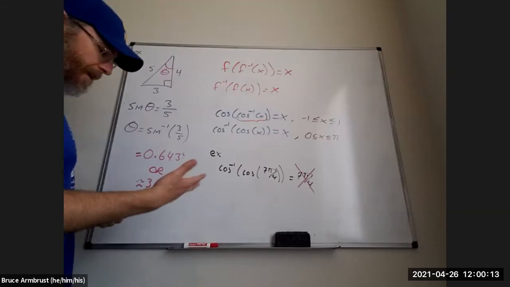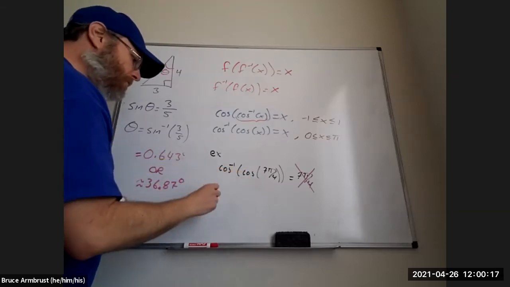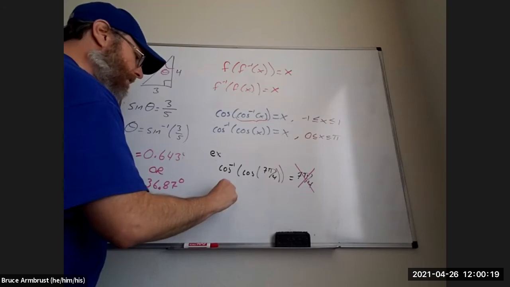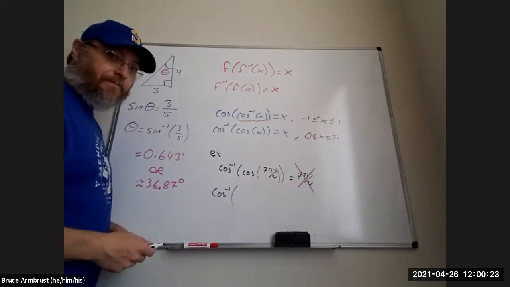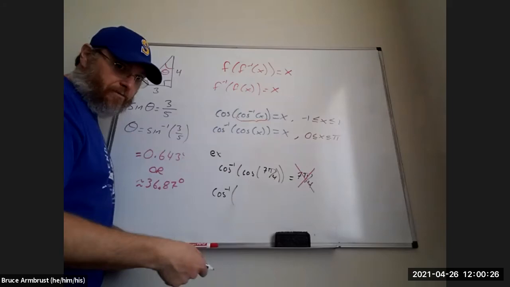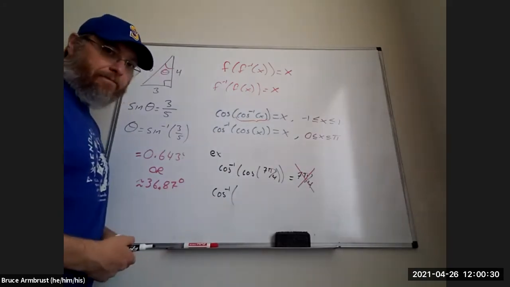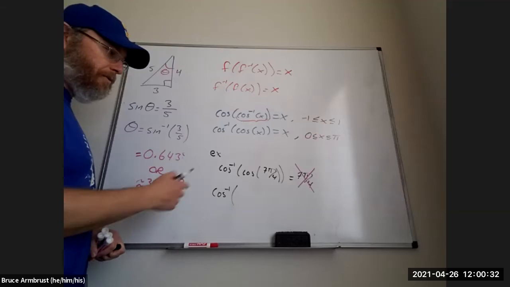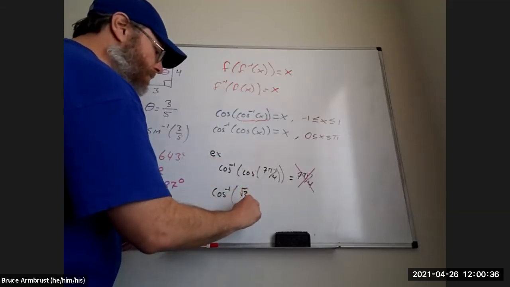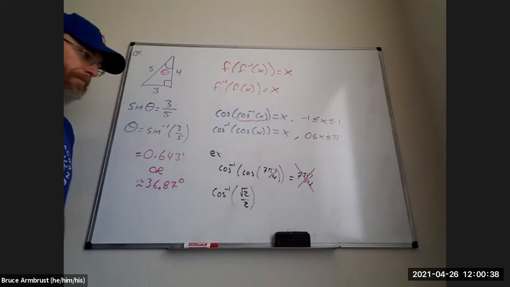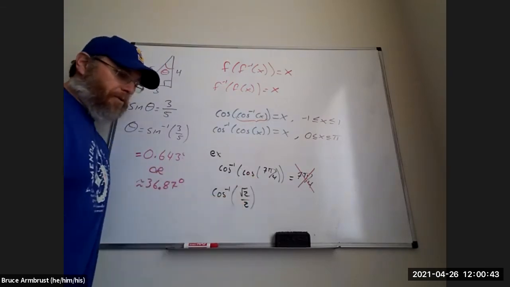So let's just follow this and see what happens. Cosine of 7 pi over 4, we can calculate. It's on your chart, right? If you go down your chart quite a ways, 7 pi over 4 is like the third line from the bottom. And you read over and you see that its cosine is root 2 over 2. So the cosine of 7 pi over 4 is root 2 over 2.